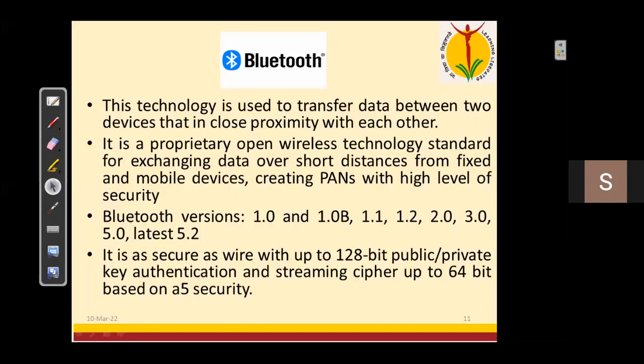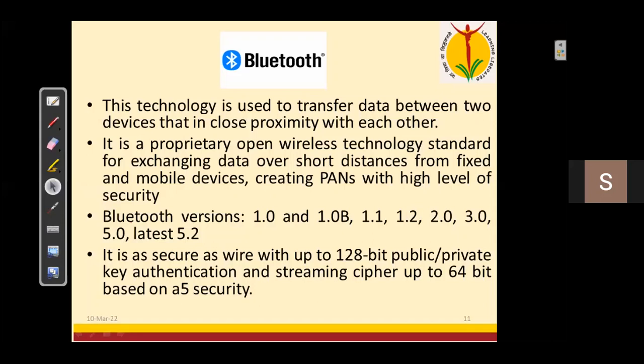Therefore, in 2000, Ericsson first developed a headset which works on Bluetooth, using an adapter, and the data is received wirelessly by the headset.